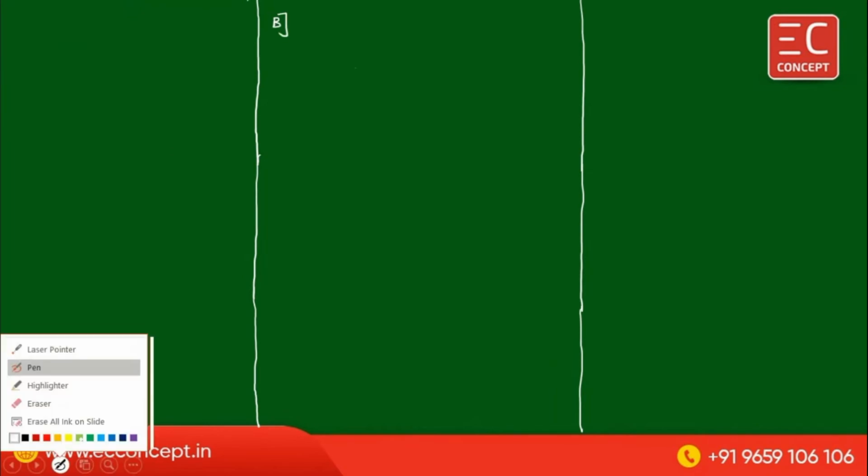Now area of tension zone. Moment from tension zone. If you take moment from the tension zone, then what will you get?